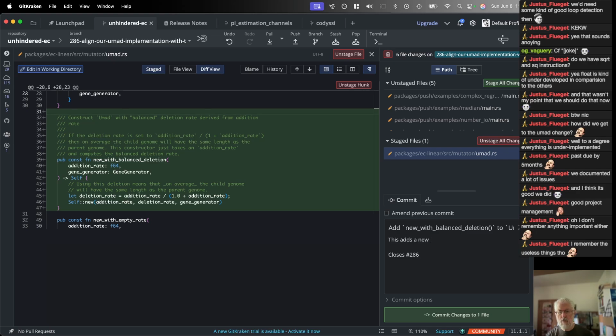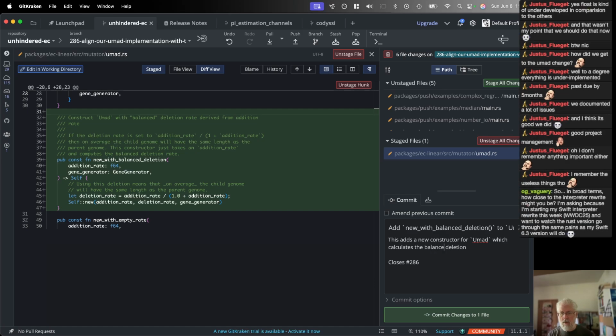Adds a new constructor for UMAD, which calculates the deletion rate, calculates the balanced deletion rate based on the given addition rate.